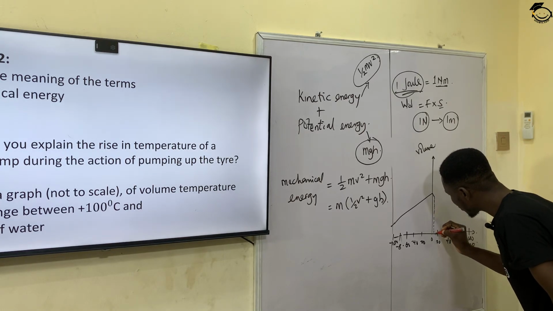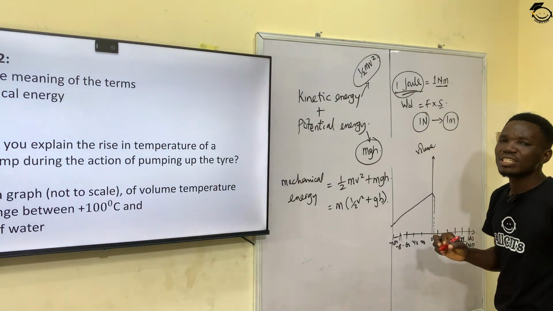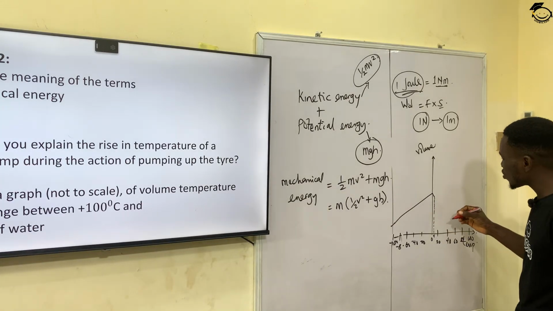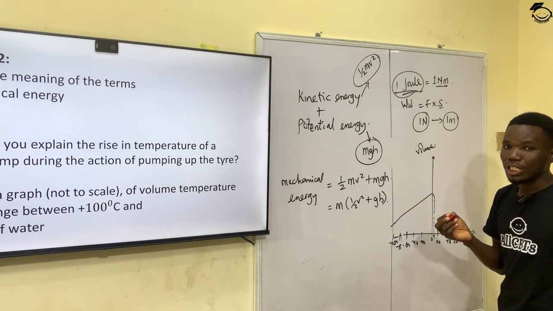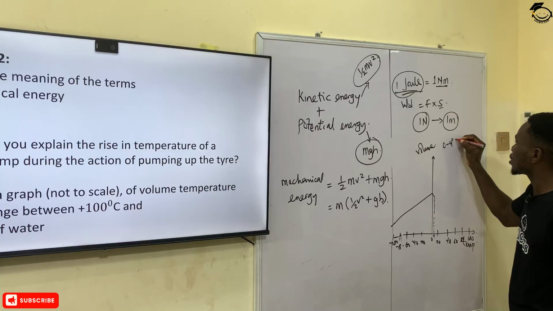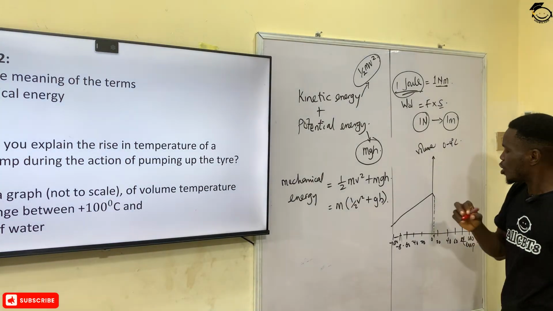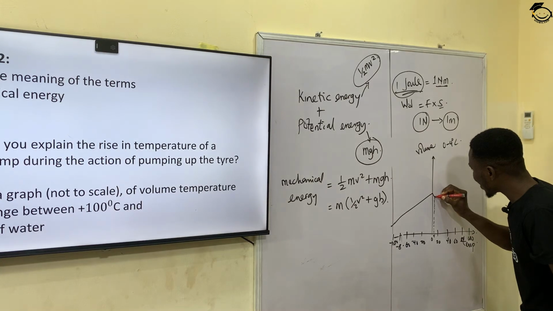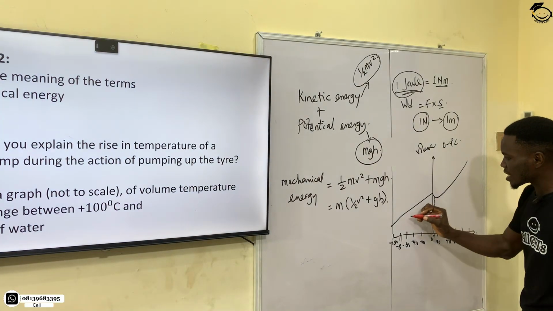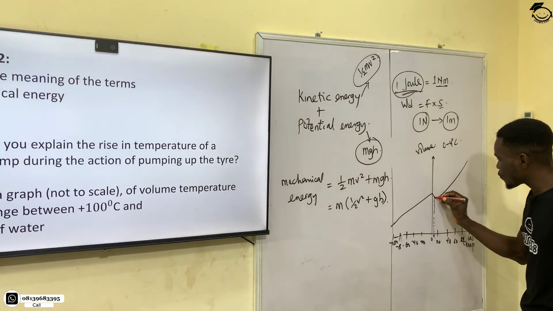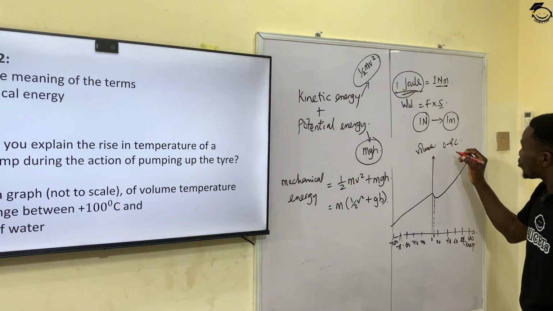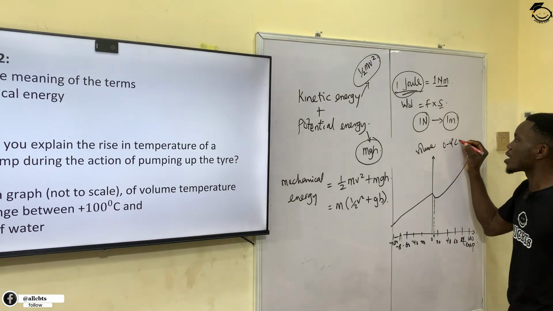Because from 0 degrees to about 4 degrees Celsius, there is a contraction, an anomalous behavior of water. Water does not expand uniformly. From 0 to 4 degrees Celsius, water normally reduces in volume. But from 4 degrees Celsius, the water will start increasing upward, so there is a uniform increase in the volume of water. But from 0 degrees to 4 degrees Celsius, there is a reduction.